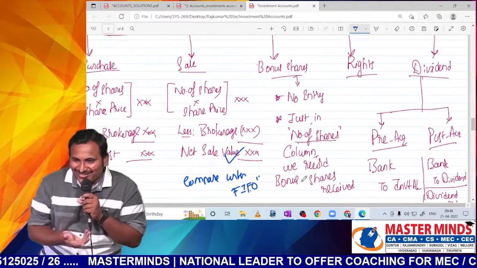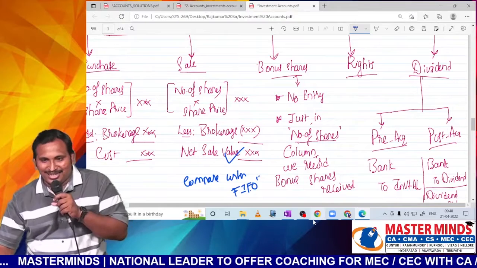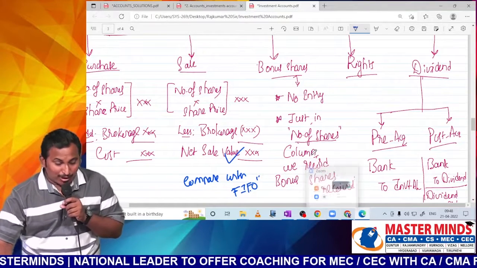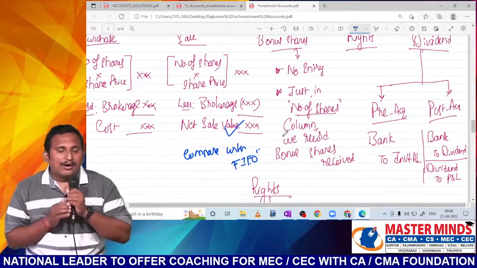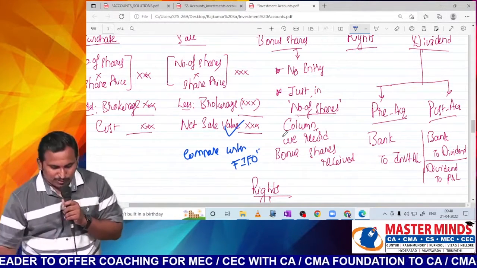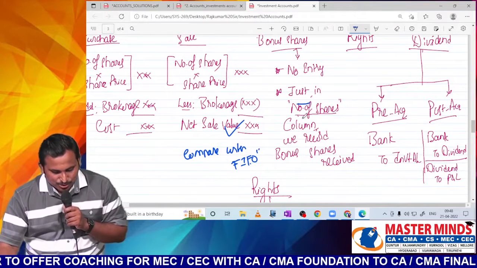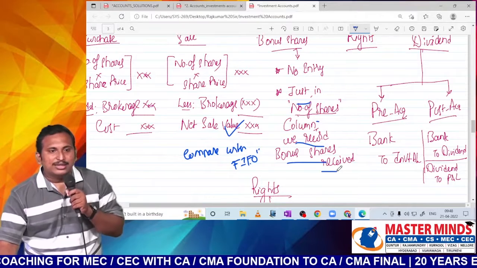Are you giving anything? No, it becomes 0. So usually no entry is recorded. But because the number of shares is increasing and our total number of shares should increase, just in the number of shares column, we record the bonus shares received. That's all. Is that clear, sir?